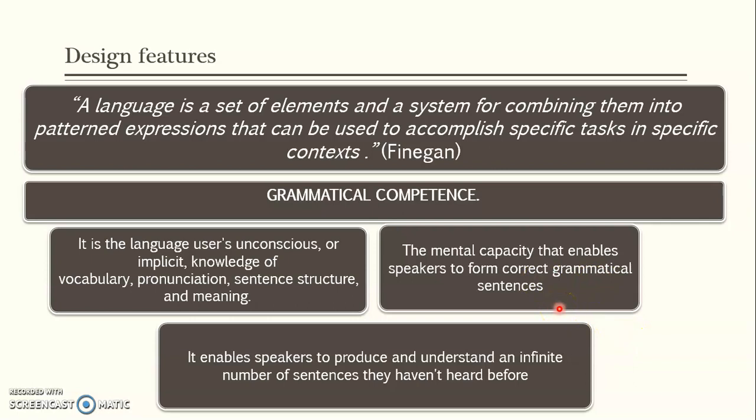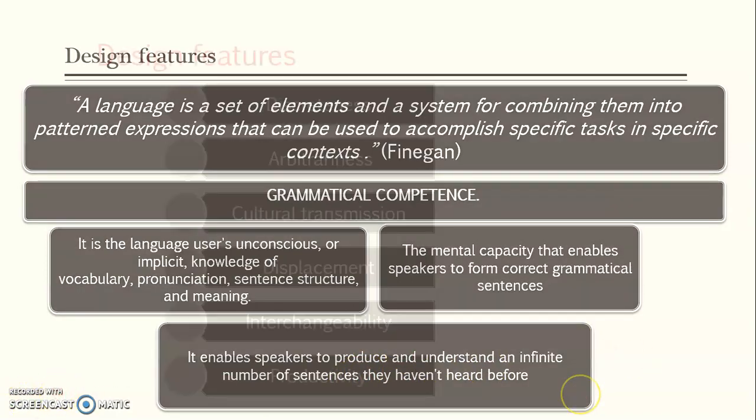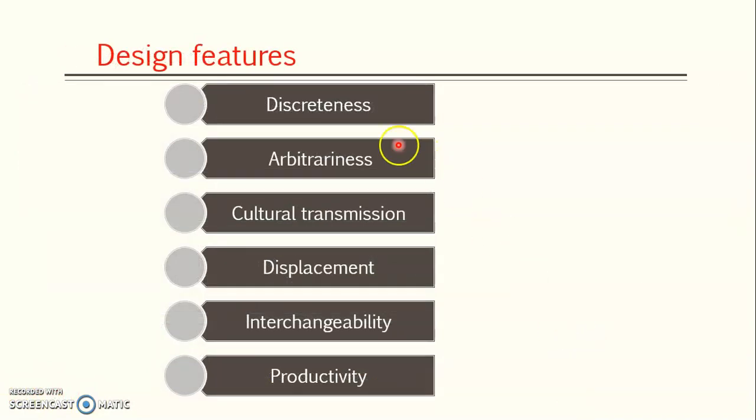That's why behaviorism was no longer accepted, because children produce correct grammatical sentences no matter the exposure they have to the language. It enables speakers to produce and understand an infinite number of sentences they haven't heard before, and that is productivity, or the creative aspect of language that we're going to deal with later on in didactics.